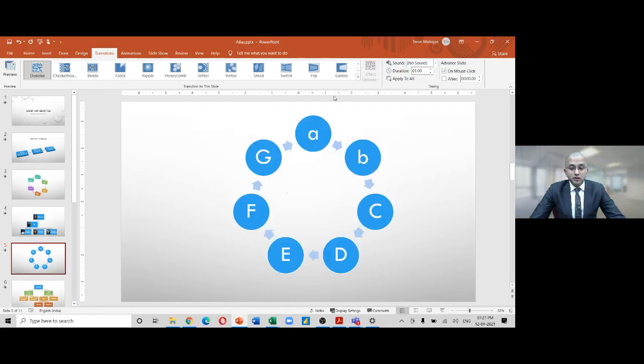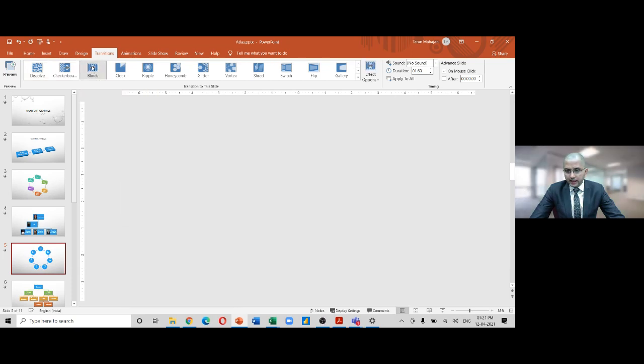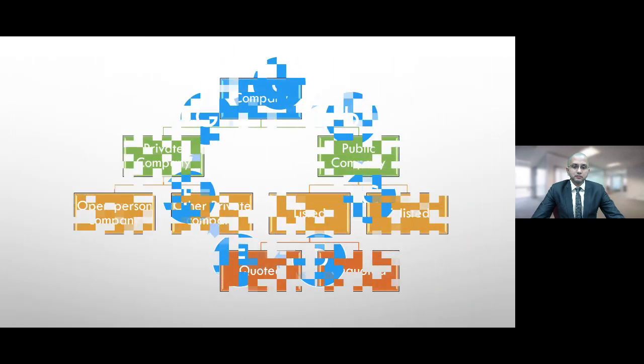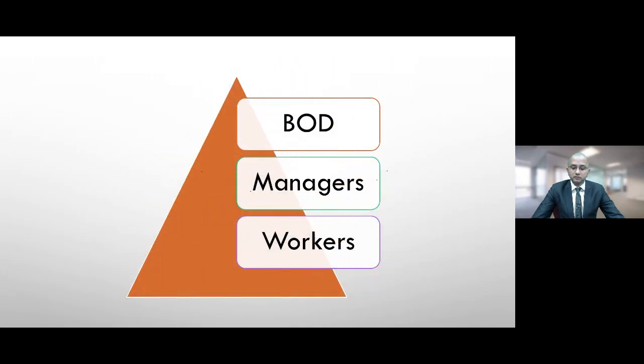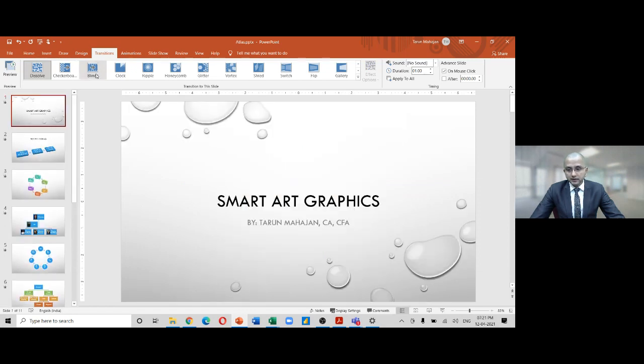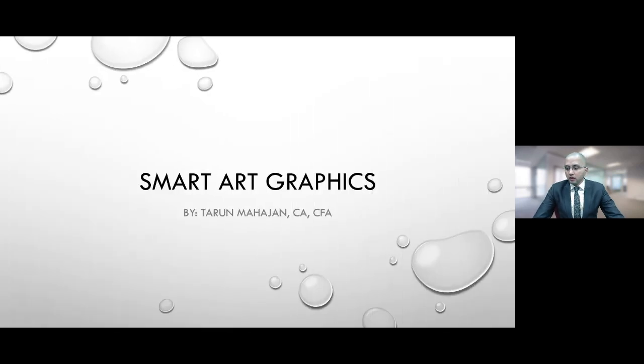Now, just look here that currently I have chosen this dissolve. I can also choose blinds. This one is really beautiful. The blinds one, I'll show it to you. Oh, I'll have to apply it to all. So I come here, I say blinds, and then I click on apply to all. Sorry.